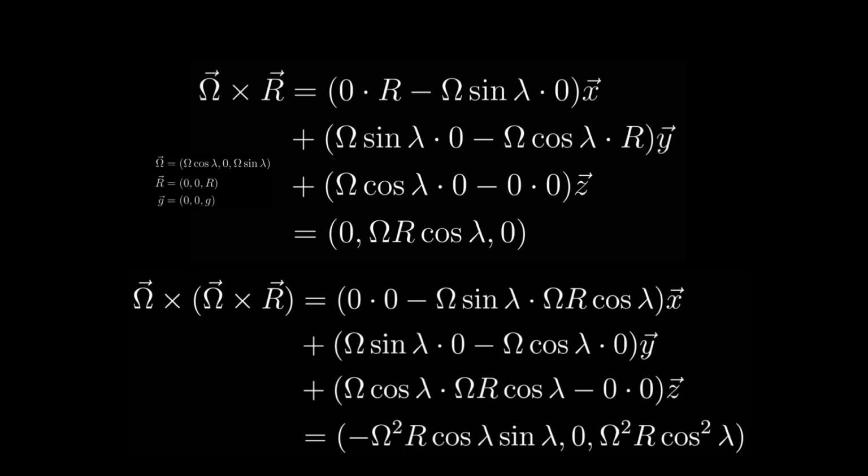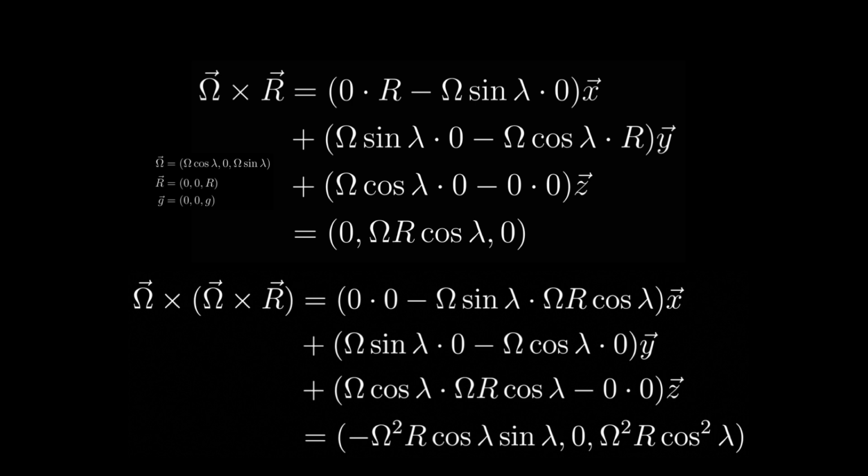Make your thumb go 90 degrees from your fingers, so you have a flat hand. The cross product means curl your hand towards the r vector, and your thumb then points in the direction of the cross product, and that is the y component. So r is only z, and omega is both x and y.